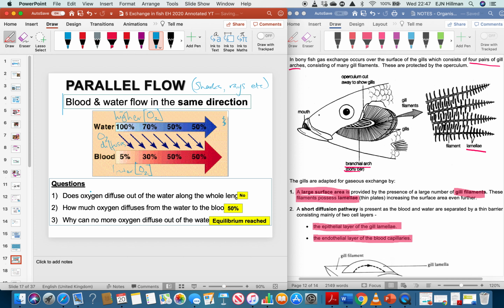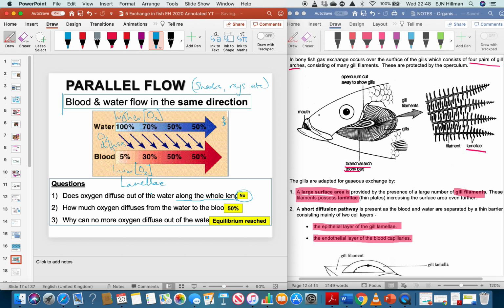Okay, so here are some useful little questions to think about. Does oxygen diffuse out of the water? I want you to think about this phrase: along the whole length of the lamellae. Remember, this is the lamellae. No, it doesn't.